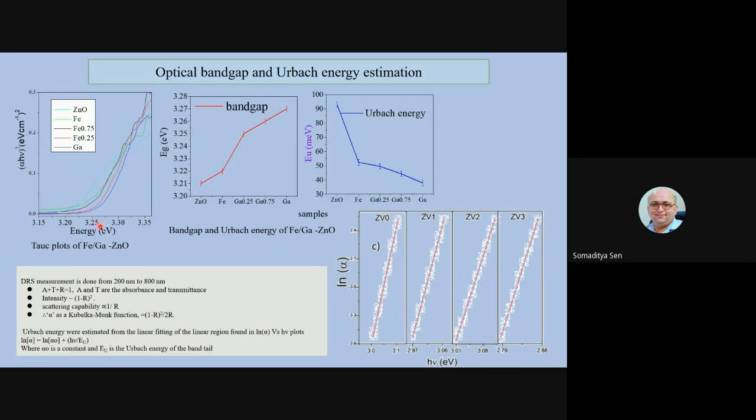So there must be another energy associated with these states, which is called the Urbach energy. That is a constant which is representative of this strain. Okay, so by taking the log of both sides, log of alpha is equal to log of alpha 0 plus h nu over u, and this will give you a straight line.